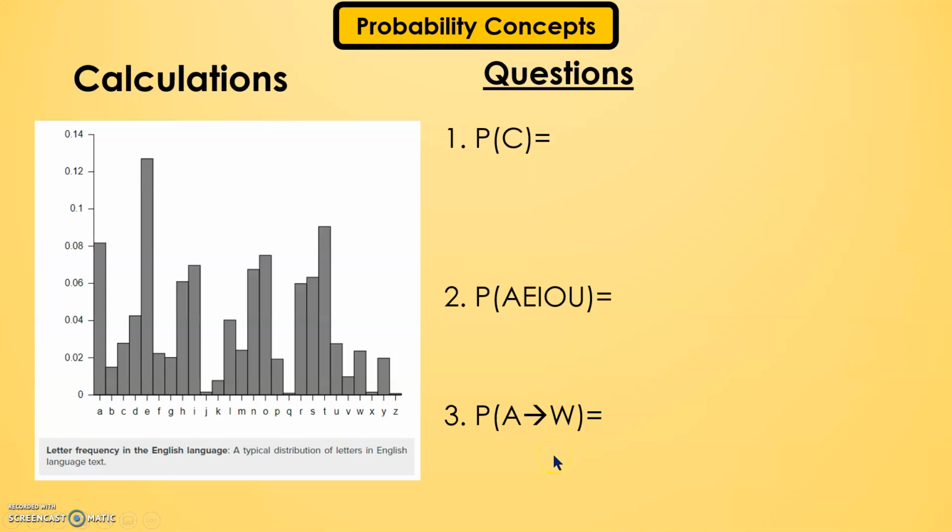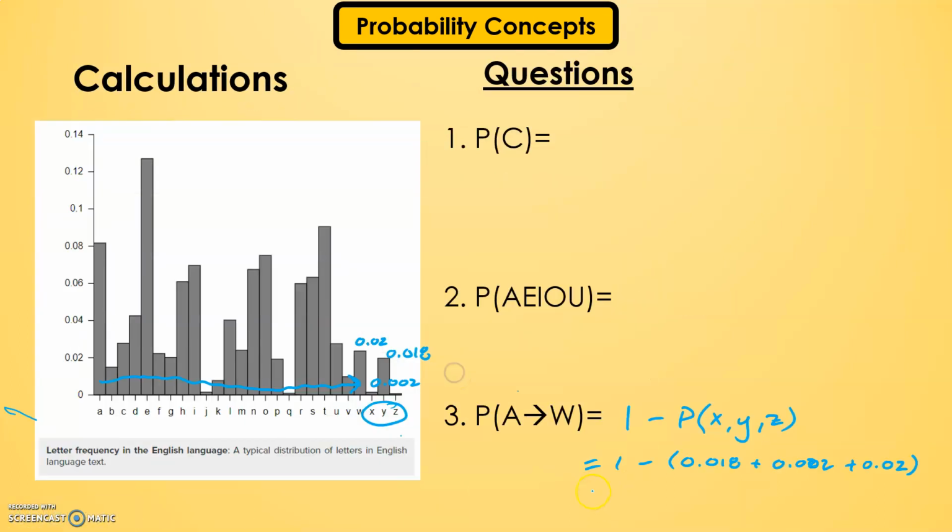The last question is looking at the distribution where we are only interested in the probability of getting a letter between A and W. Now, we could take all the probabilities all the way through there and add them together, but it is much easier to look at the probabilities of the ones that aren't included, because if we go 1, take away the probability of getting an X, a Y, or a Z, then we would have the same probability as A through to W. So if we look at those probabilities and add them together, you end up with 1 take away 0.004, which is 0.96.